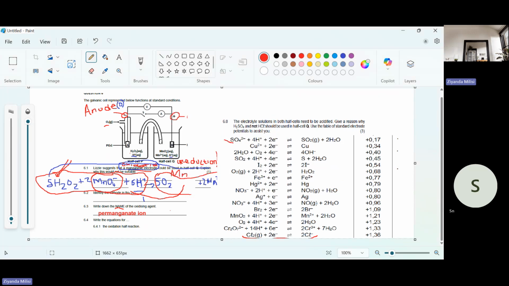Which one is that? Where is Mn? Mn was at the bottom. Oh no, Mn is on top. MnO4 minus is at the bottom.